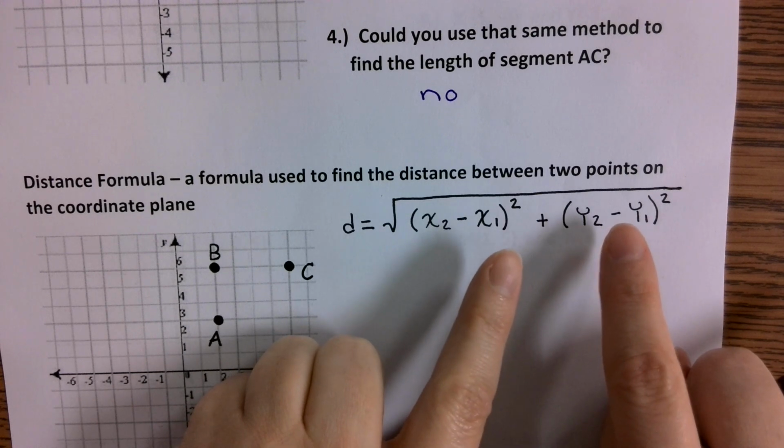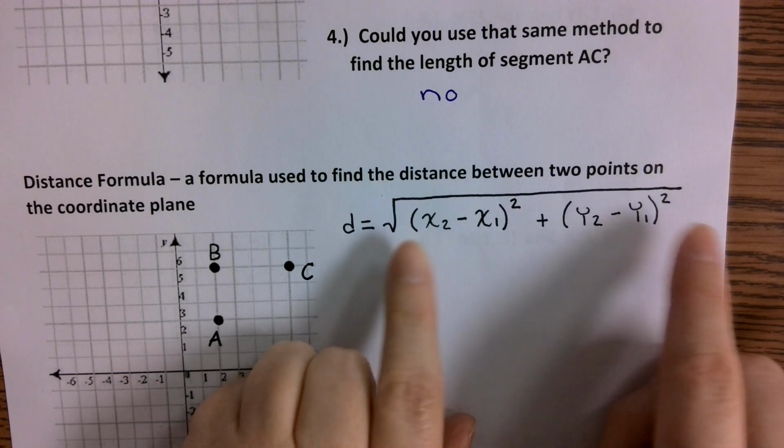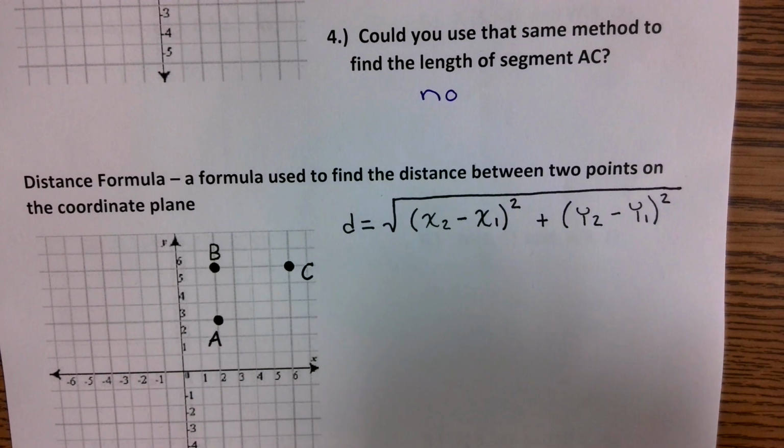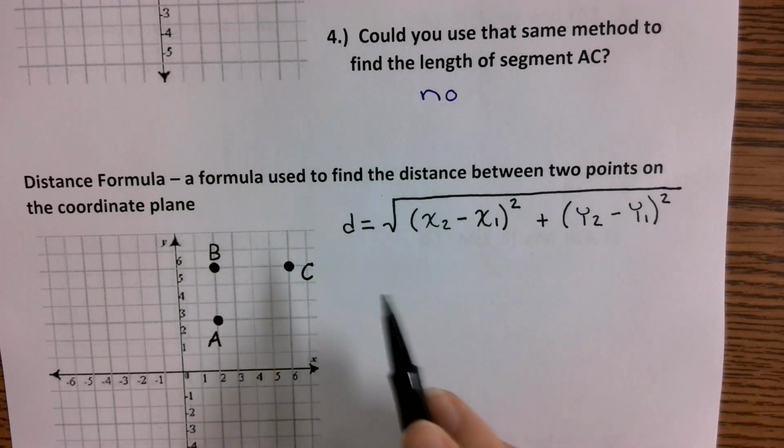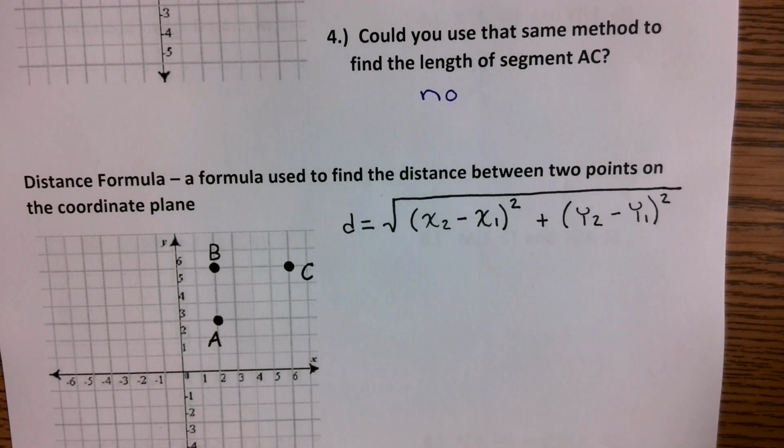Difference, squared, add, square root. That's the basic breakdown of what you are doing. And again, it does not matter the order that you pick your points to be x1 and y1 and x2 and y2. It doesn't matter which one's your first point, which one's your second point.